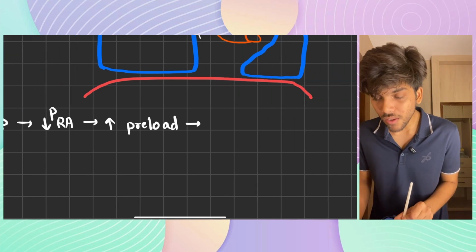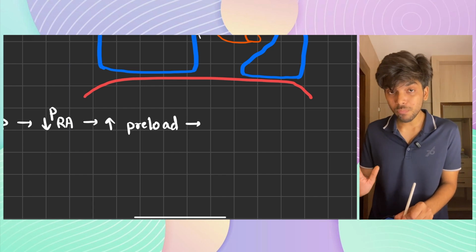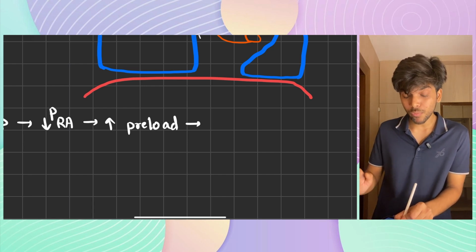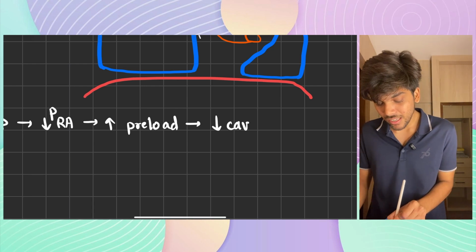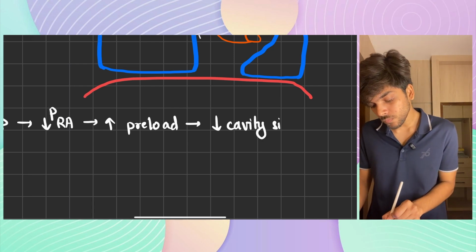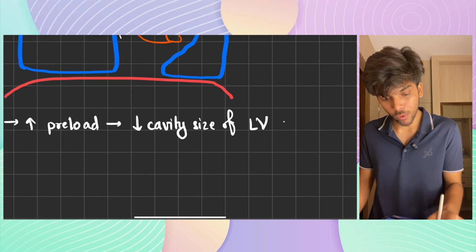So there is lots of blood inside the right ventricle, which pushes the interventricular septum to the left, which results in decreased cavity size of the left ventricle. So that's number one.